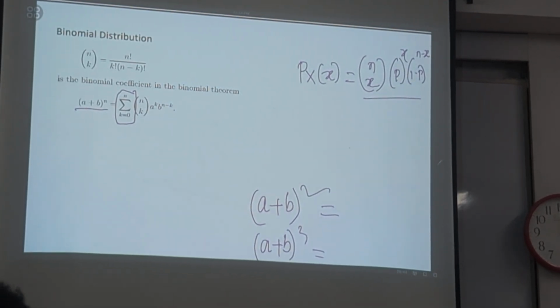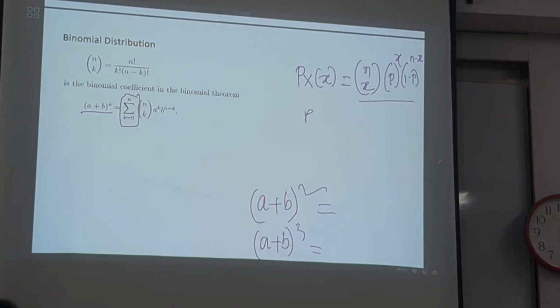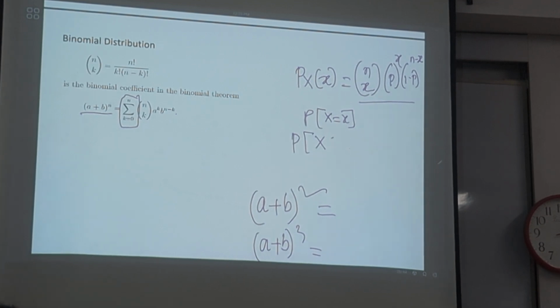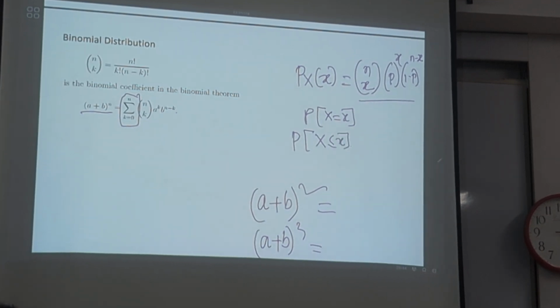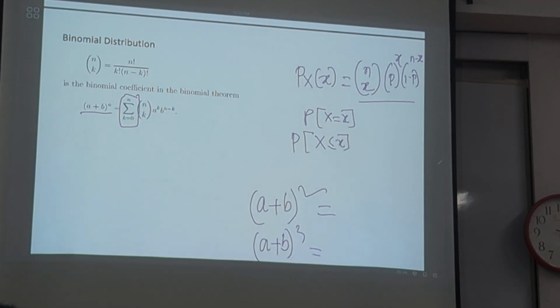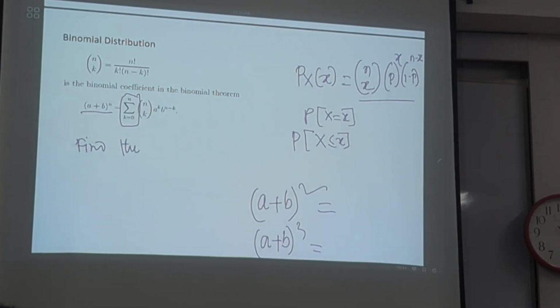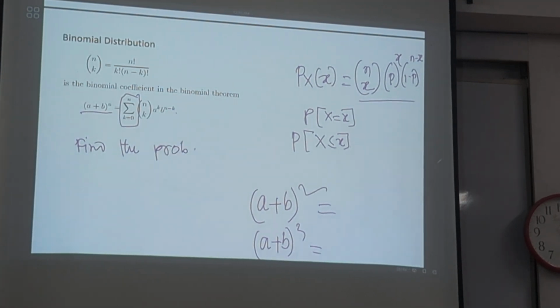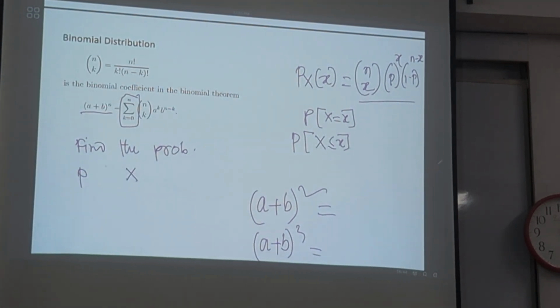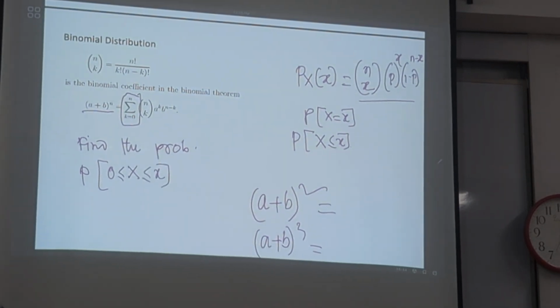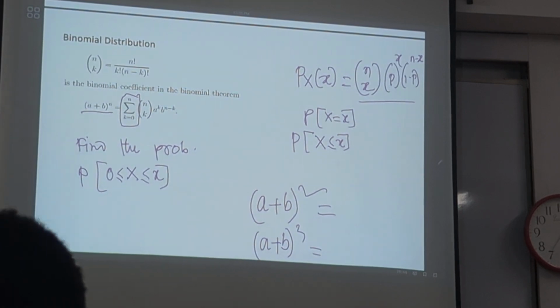This theorem says the probability that x is equal to something. Or more specifically, if you want to calculate the probability that x is at most some value, how will you calculate it?